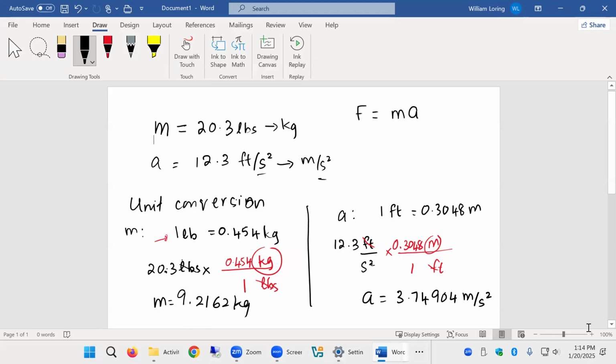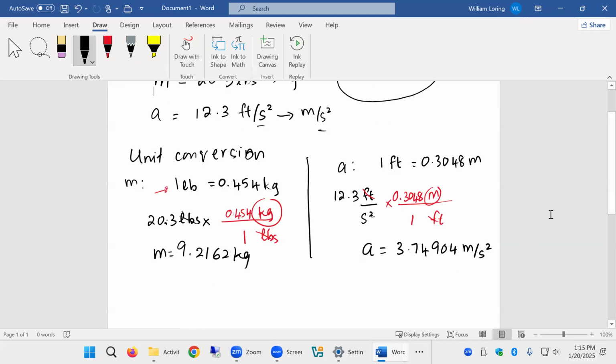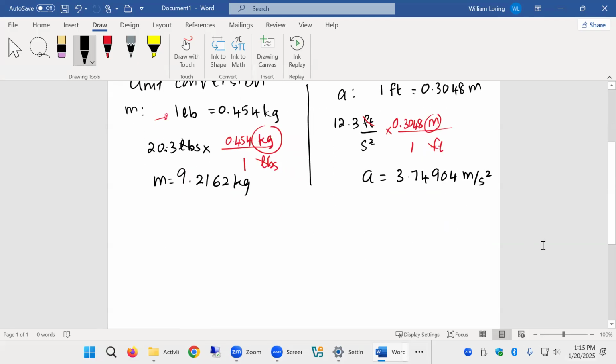So with these 2 numbers, can you tell me what the force is? How can you calculate the force? Mass times acceleration. Just multiply those 2 and that will give you the force, in newtons.